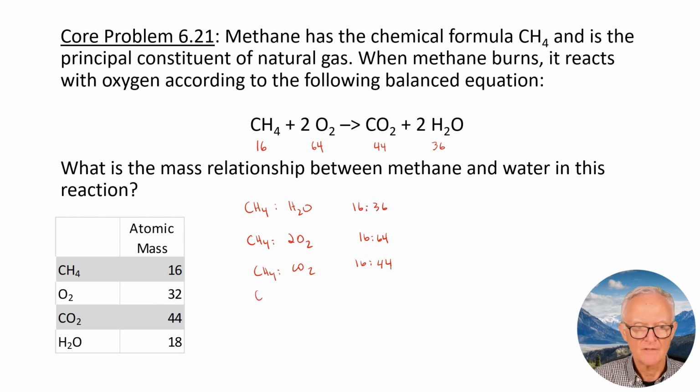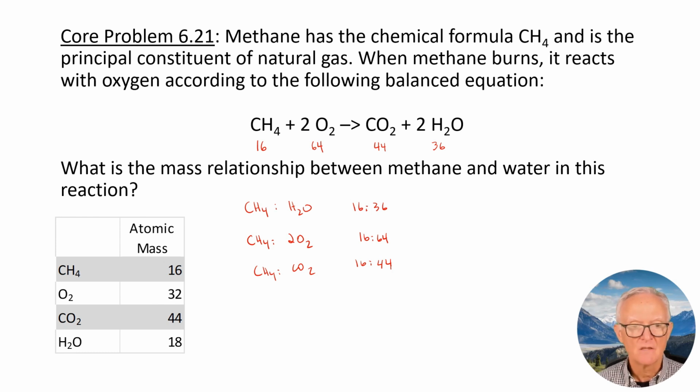Hopefully I said that right. Methane to water, we already did, so we've got them actually all covered. So you can use those mass ratios to determine how much of each reactant or product you need or will be produced given a certain amount of mass of one of the other items in this equation.